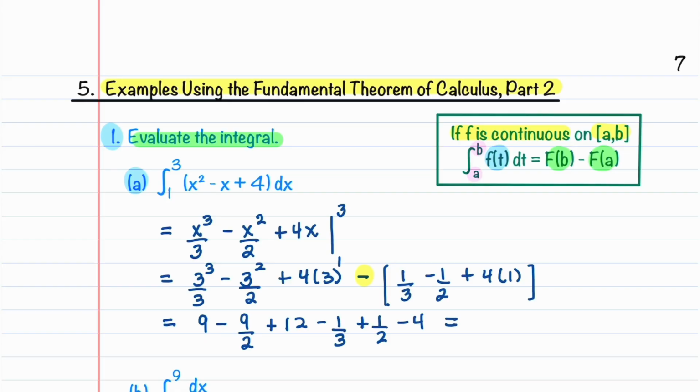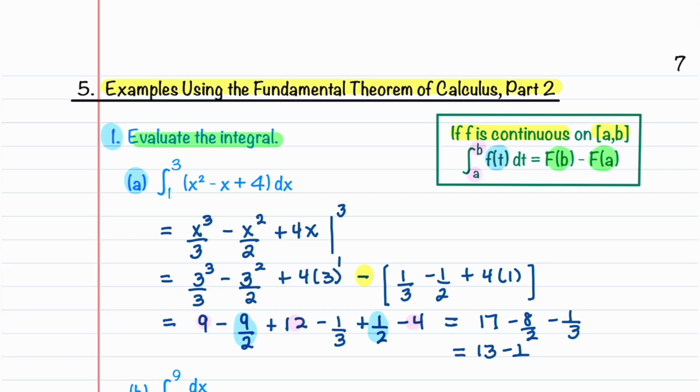Let's add our constants first. 9 plus 12 minus 4. That is 5 plus 12, so that gives us 17. And then we have minus 9/2 plus 1/2. That gives us minus 8 over 2. And then we have minus 1/3. Minus 8 over 2 is just 4. So 17 minus 4 is 13.